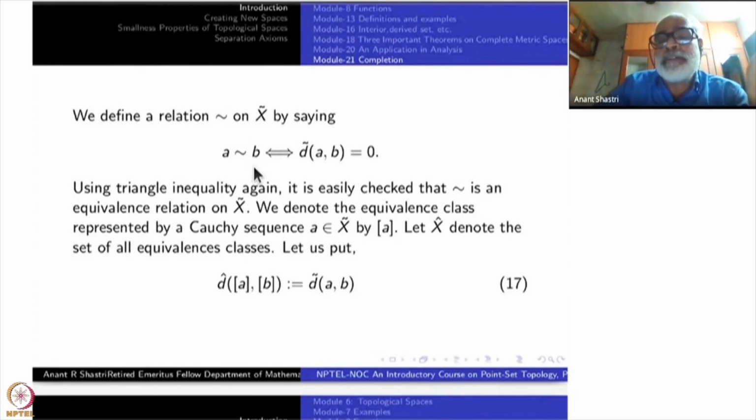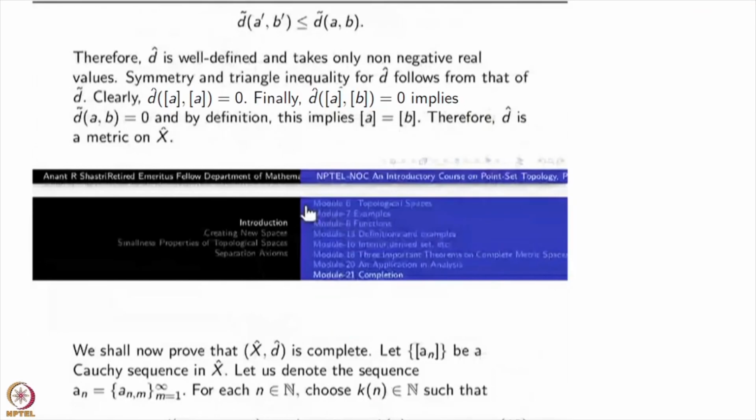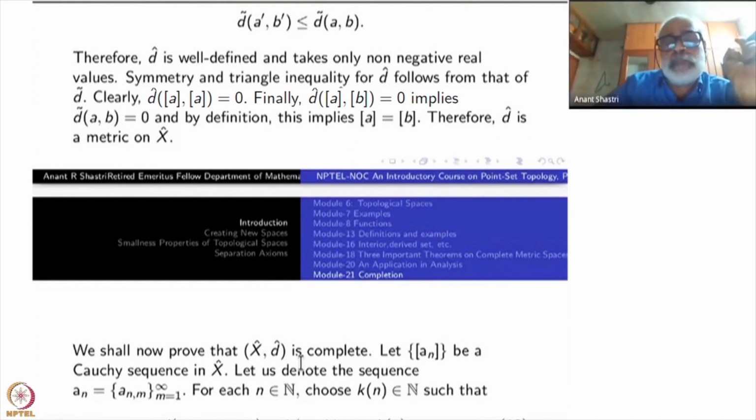You see, the equivalence class is the same. So this is a trick we are using to get equality. So here equality is just equivalence classes. All right. So d hat becomes a metric on x hat. All right. So this first part is over.